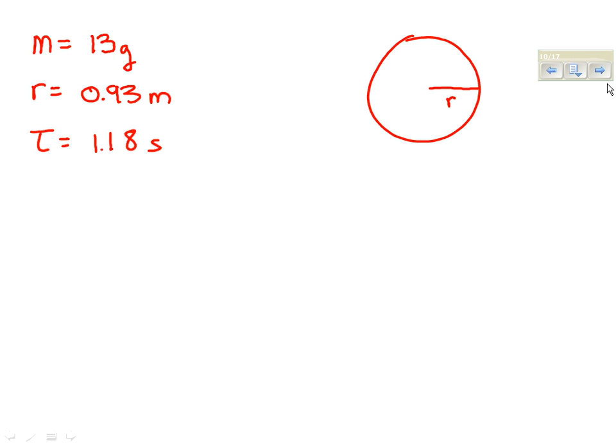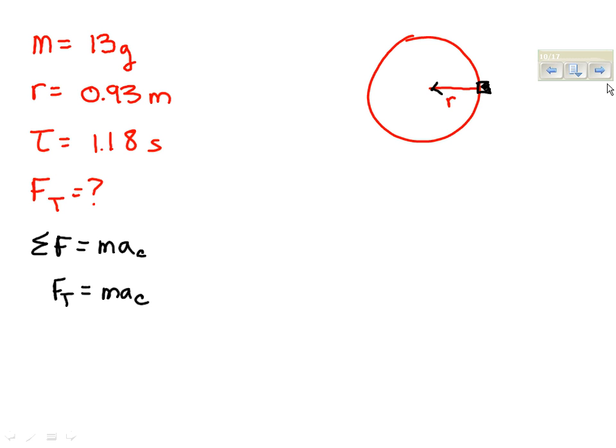Find the tension exerted by the string on the stopper. So if your stopper is out here and the red line is your string, your free body diagram shows that the string is the only force acting on the stopper. So when we look at our summation of forces, we have summation of force equals ma. I'm going to put a C for centripetal, and our tension is equal to mass times centripetal acceleration.